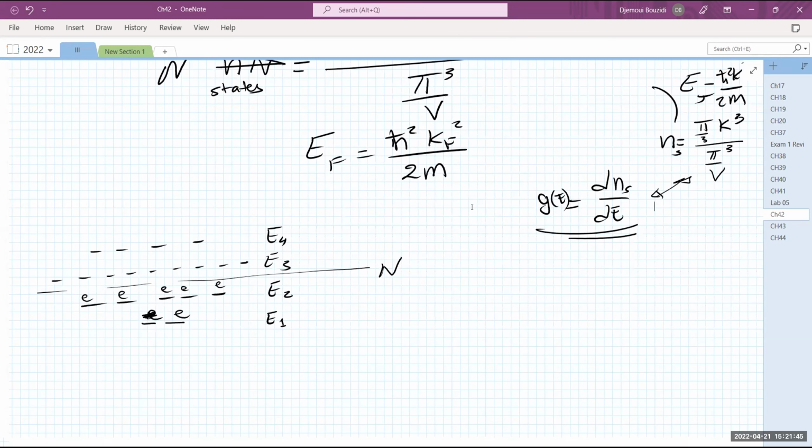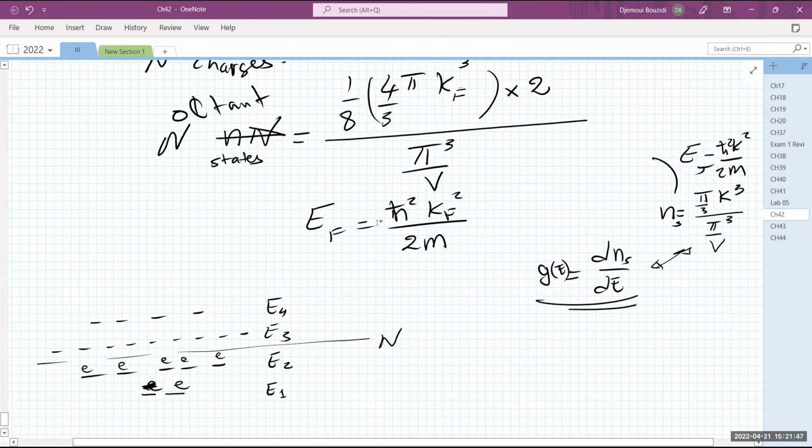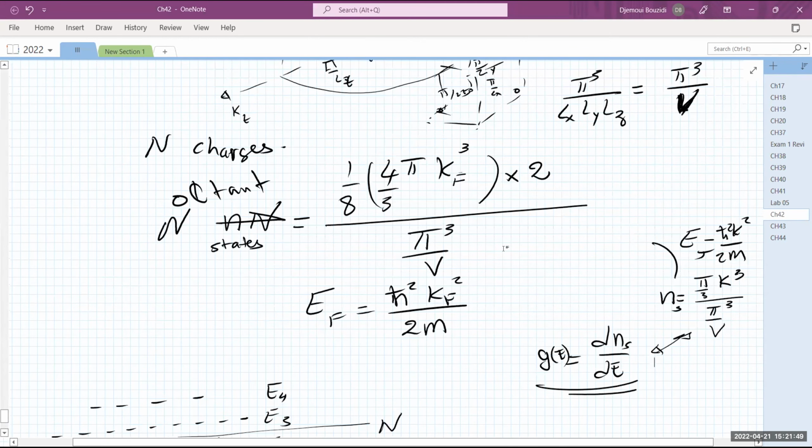Yeah, a little bit. Okay, so there is a distinction here. Once you get rid of kF, you can solve for kF in terms of EF and plug it into this expression, and you'll find an expression for EF in terms of n.